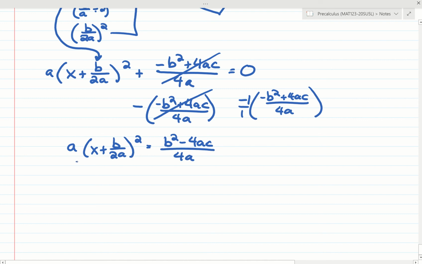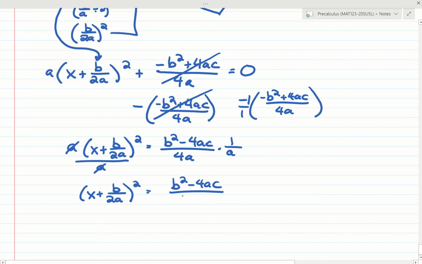Let's get the x by itself by dividing both sides by a, or multiplying by 1 over a, and we get x plus b over 2a squared is equal to b squared minus 4ac over 4a squared. We could take the square root of both sides. This, remember, turns into absolute value.